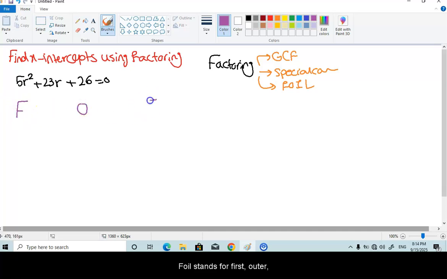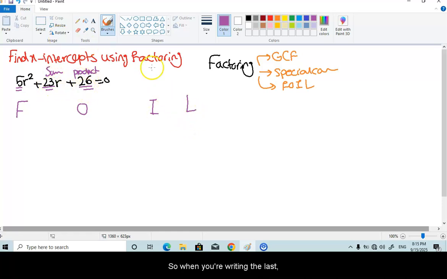FOIL stands for first, outer, inner, and last. So for the first you have 5, and for the last you have 26. You know that this is the sum and this is the product, as we have talked before. The sum is positive, the product is positive.